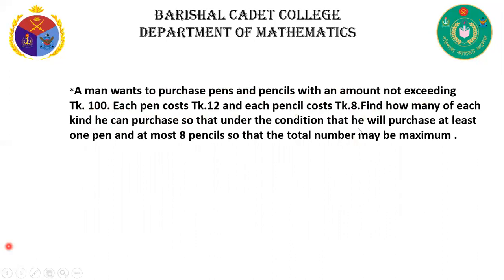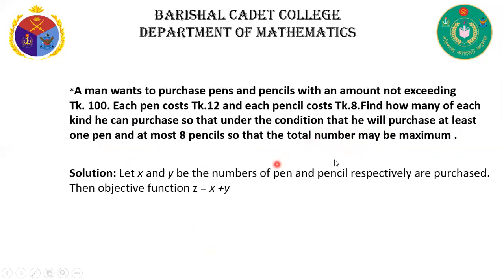Find how many of each kind he can purchase, under the condition that he will purchase at least one pen and at most 8 pencils, so that the total number may be maximum. So first, let x and y be the decision variables of the numbers of pens and pencils respectively purchased. Then the objective function Z is equal to x plus y.